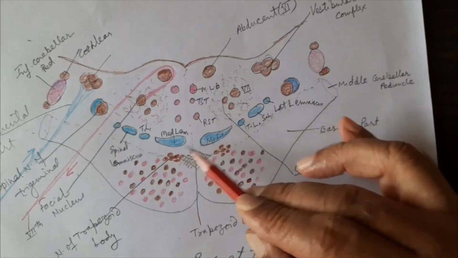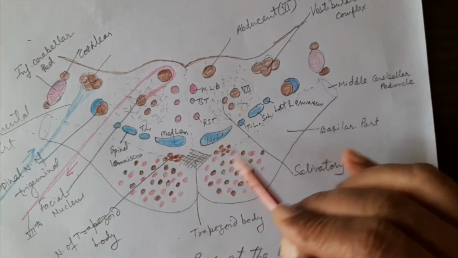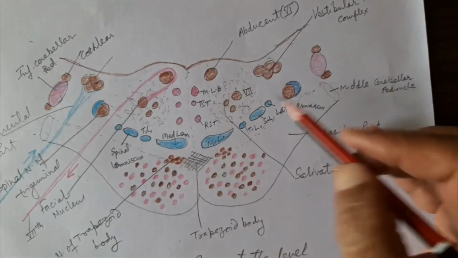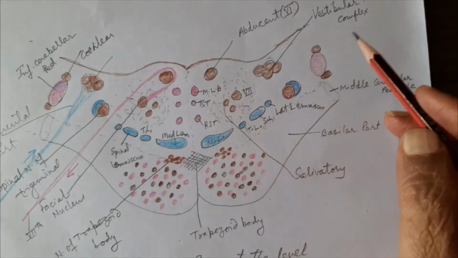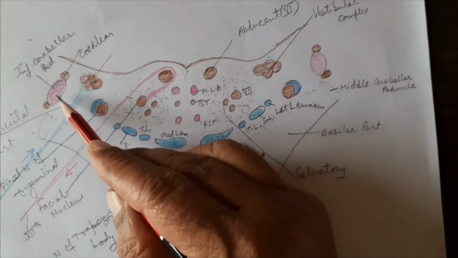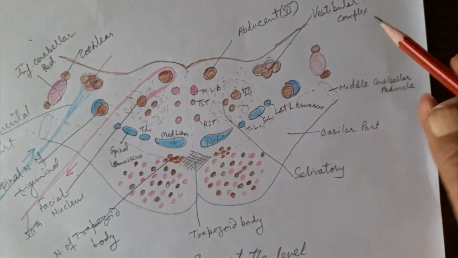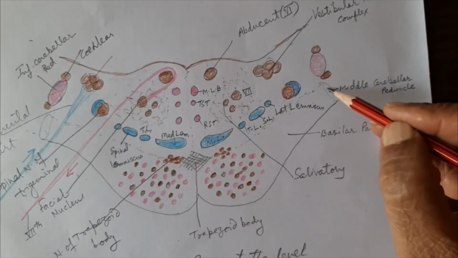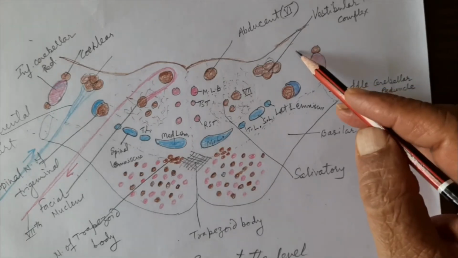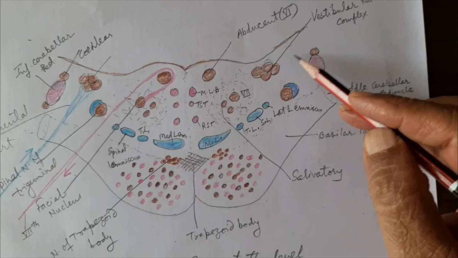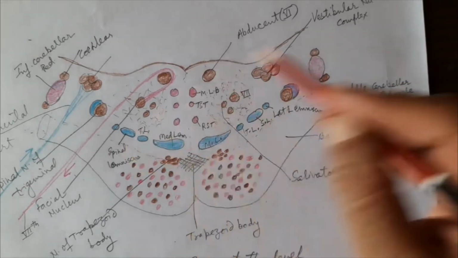They are arranged horizontally just behind the junction between the basilar part and the tegmental part. More laterally you can see this bundle of white fibers, which is the inferior cerebellar peduncle, this is the middle cerebellar peduncle, and still posterolaterally the superior cerebellar peduncle fibers will be here.